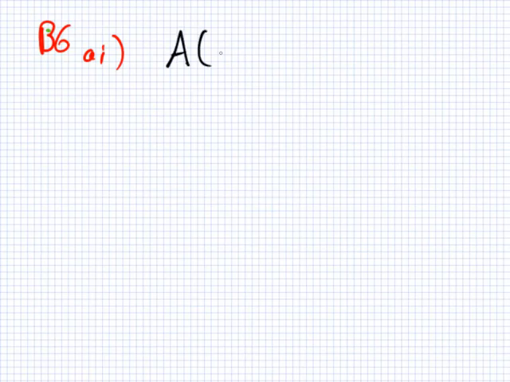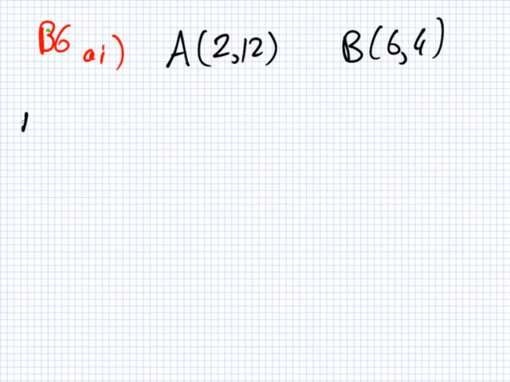Now, part 6. What was the first point, A? (2, 12) and B? Okay, so we should get the slope first: y2 minus y1 over x2 minus x1.